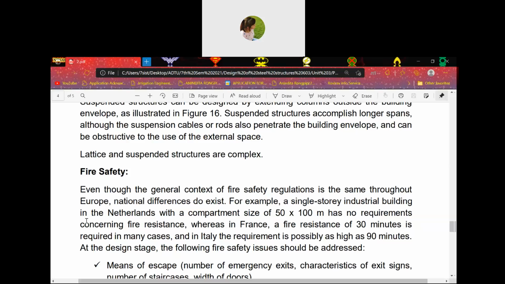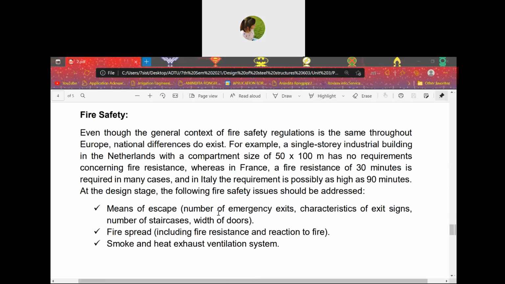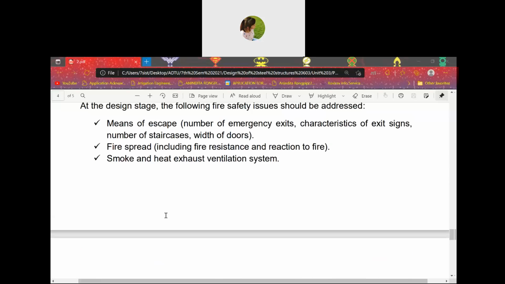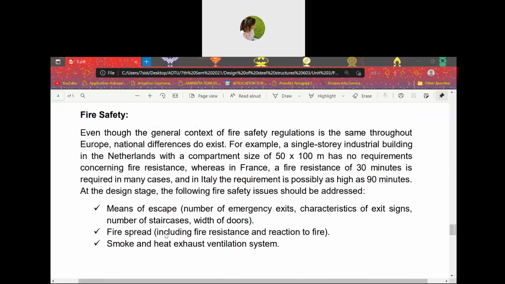At the design stage, the following fire safety issues should be addressed. Means of escape, that is the number of emergency exits, characteristics of exit signs, number of staircases and width of doors. So in the design stage, the following 5 points should be considered while building up safety measures in a building.